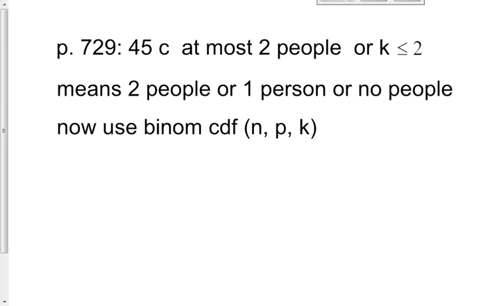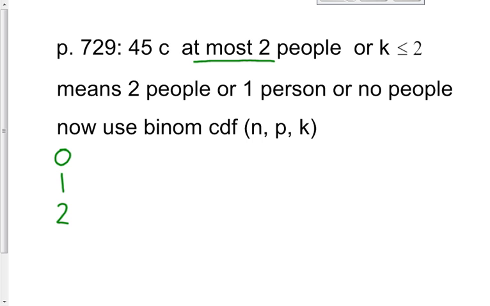We're doing 45C, and C says that at most 2 people are type O. At most 2 means that you're going to go up to 2, but not go over 2, which means you could have nobody, you could have 1 person, or you could have 2 people at this particular blood type. So we need 0 people, 1 person, or 2 people.